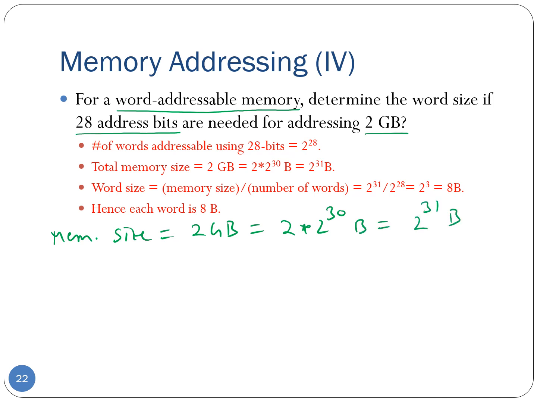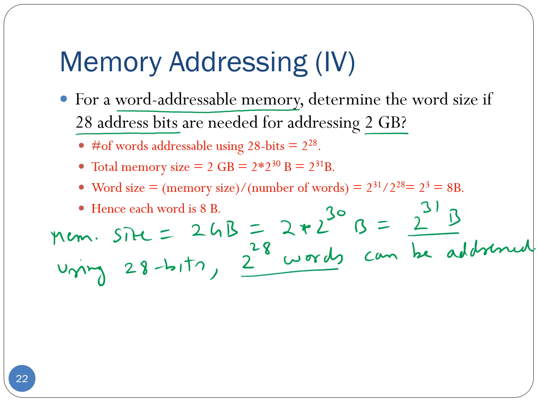Okay, now this is a word addressable memory. So using 28 bits, we can address 2 to the power 28 words. Okay, so we know the number of words, we know the memory size.